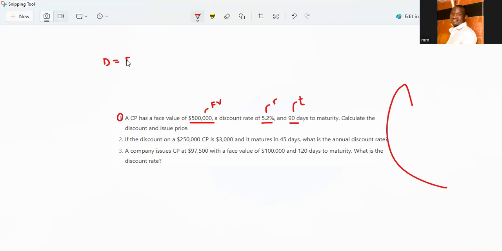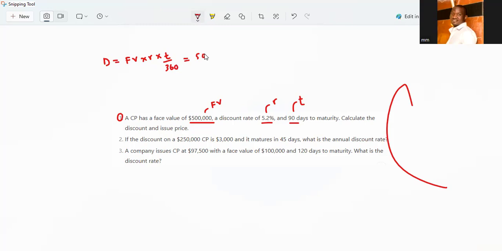Face value times the discount rate, then times time over 365 days, I think. 360. Or 360.